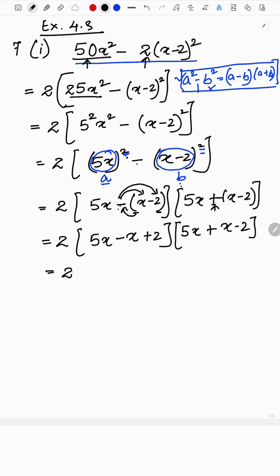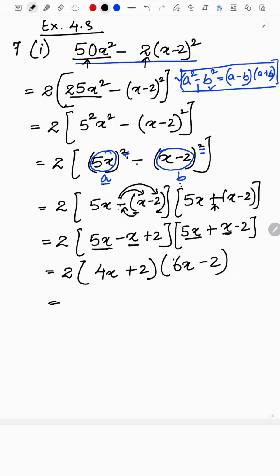Now let's see what further I can do. So here I can write 5x minus x will give me 4x, isn't it? 5x minus one x, 4x. Okay, so 4x plus 2. Similarly here what do I get? I get here 5x plus x, I'll get 6x. 5x plus one more x, 6x minus 2.